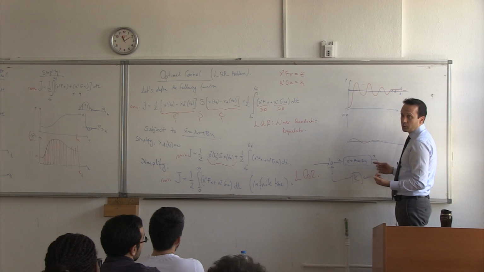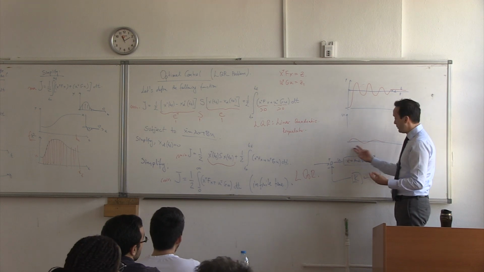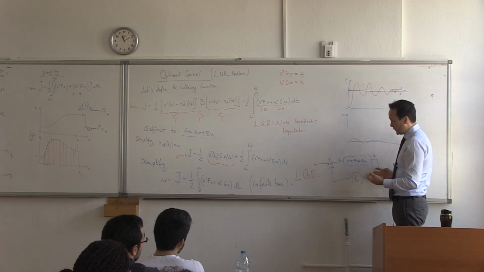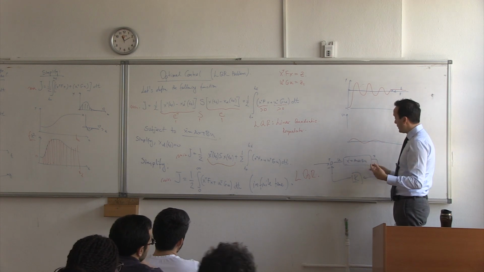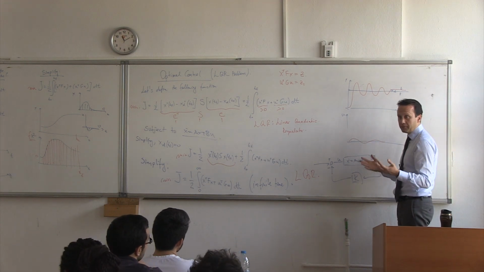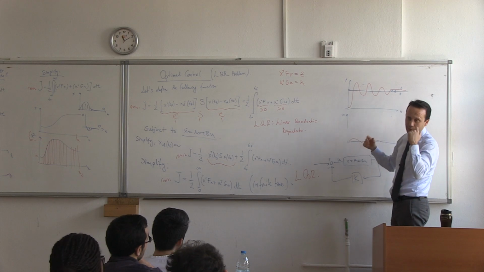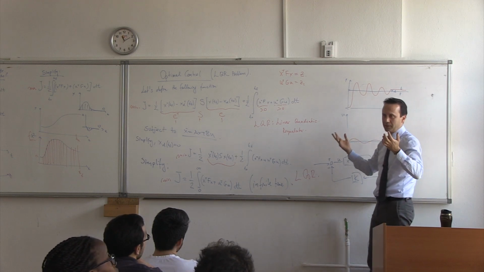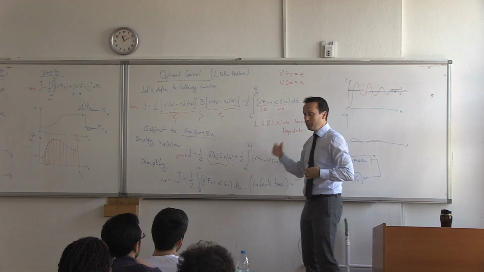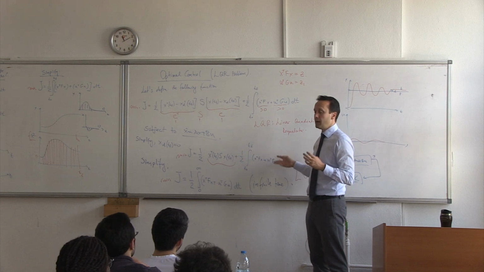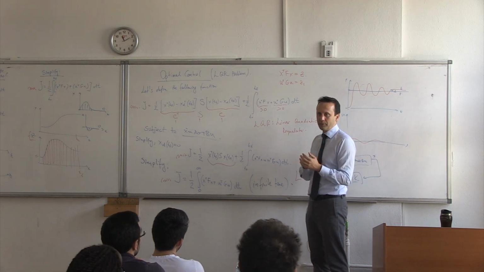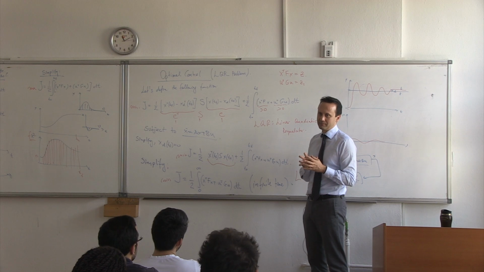Well, it means that x goes to infinity, which means find the k that makes this unstable. So if you find k that makes this unstable, x goes to infinity, j will become infinity. So that's your maximum, right? You don't really have a maximum, it goes to infinity. So most probably, if you take the derivative, set it equal to 0, find the solution, it's probably the minimum.